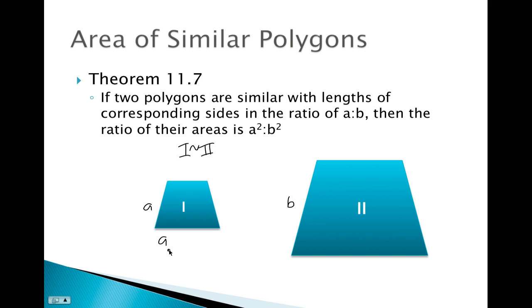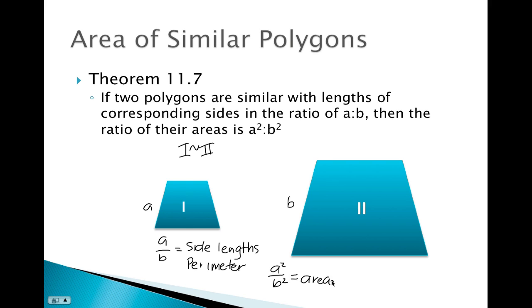When we write that ratio, it can correspond to the side lengths, and it can also correspond to the perimeter. But when we're talking about area, we're talking about square units. So the way these two polygons are similar with regards to area is A squared over B squared, and that's how we can figure out their ratios.